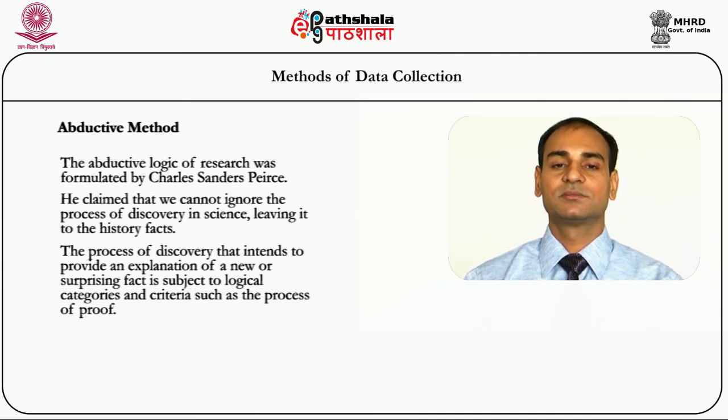Basically, this method suggests that any new fact or surprising fact which can be relevant for the research has to be considered and examined properly, and thereafter any inference can be drawn. This is the in-between approach between inductive and deductive method, where the researcher starts researching on the basis of information in his hand, but that information is not perfect or sufficient to form any deductive theory.